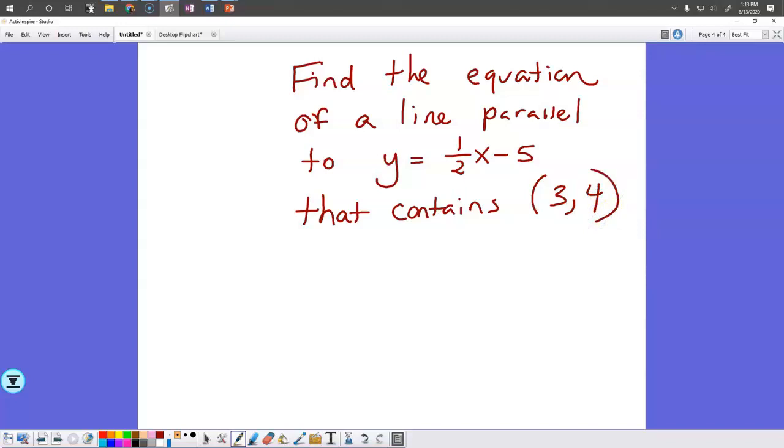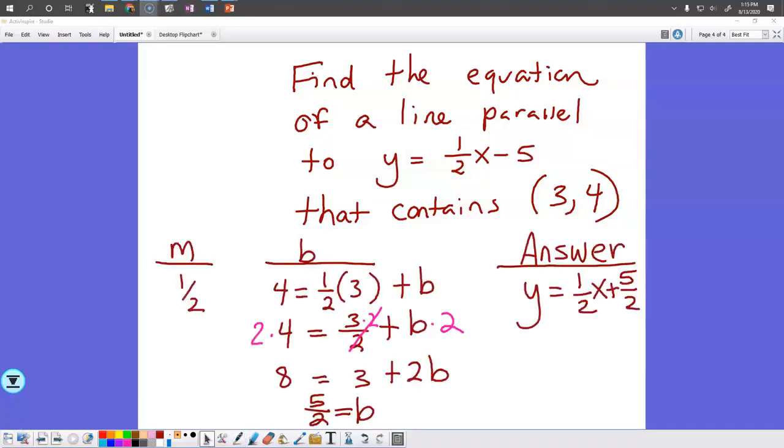So find the equation of a line that's parallel to y equals 1/2 x minus 5 that contains the point 3, 4. You do not have to graph this like I did. You can just do the math part that I did underneath the actual problem. But you can graph it if you want to. Pause the video here, and when you're done, you'll see the solution. Okay, so there's your answer there. Y equals 1/2 x plus 5/2.